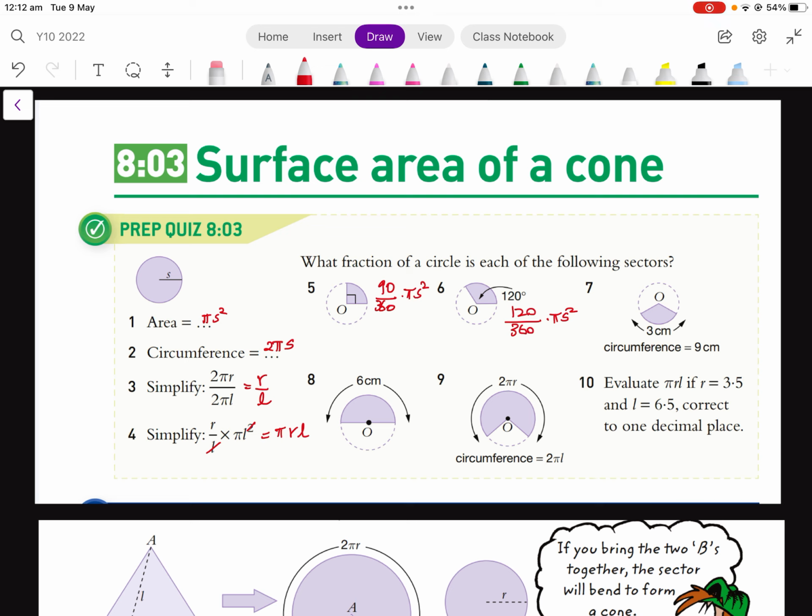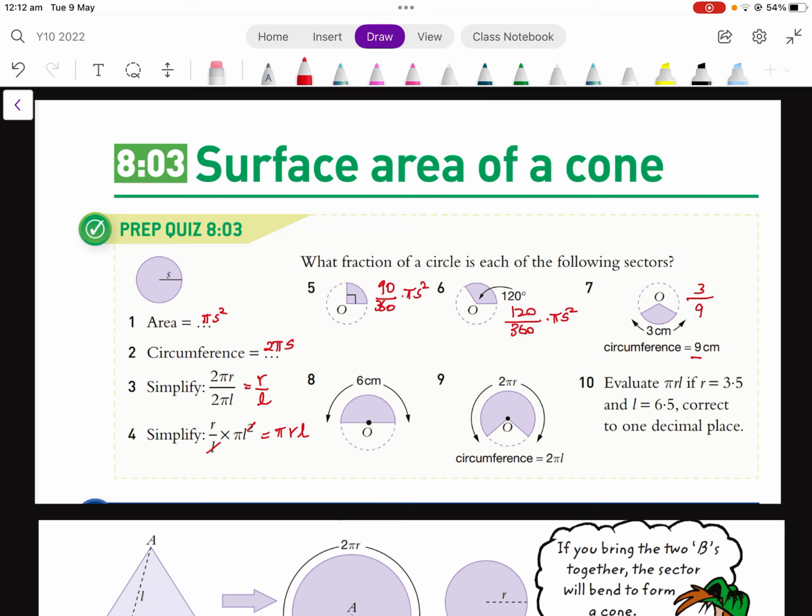Number 7, they are telling us that the circumference of the whole circle is 9, whereas the sector has an arc length of 3 centimeters. Since I don't have an angle, I can extrapolate the idea of the fractional sector as 3 centimeters of the circumference out of the full circumference of the circle, which is 9.